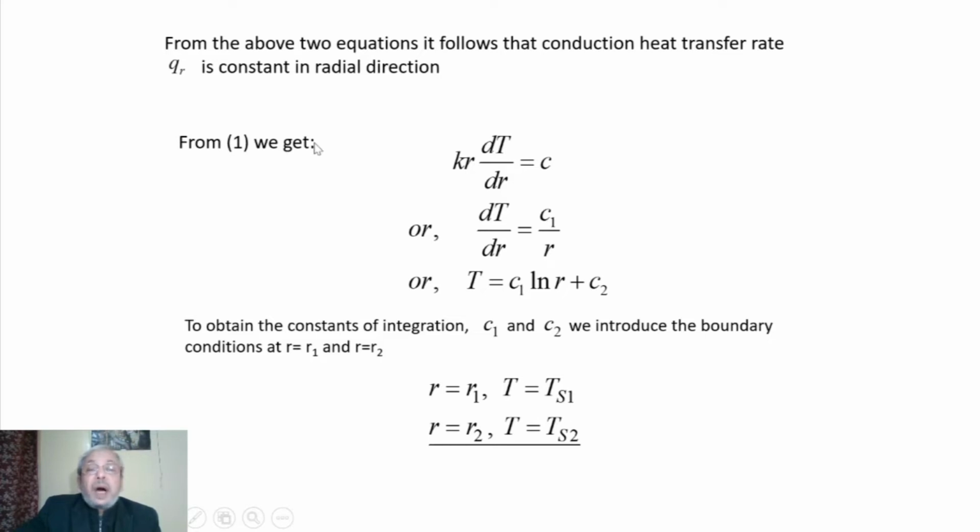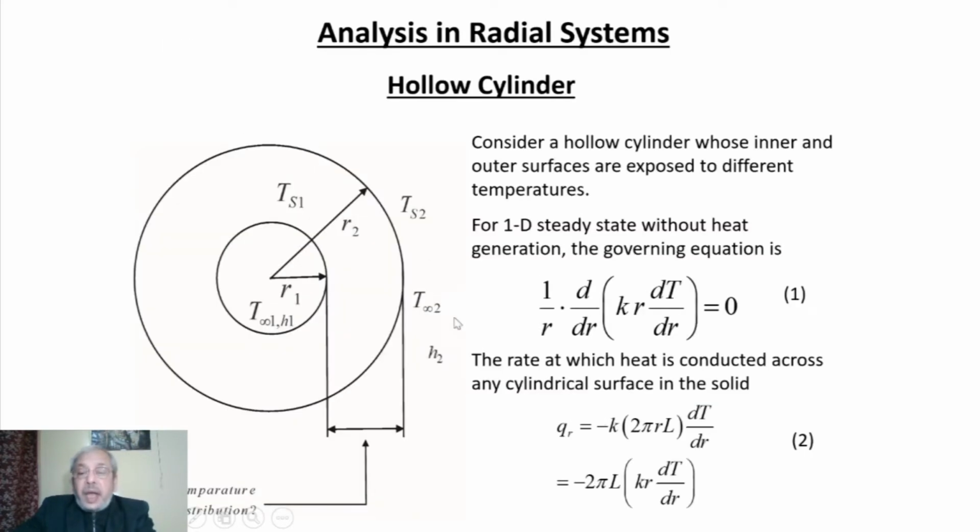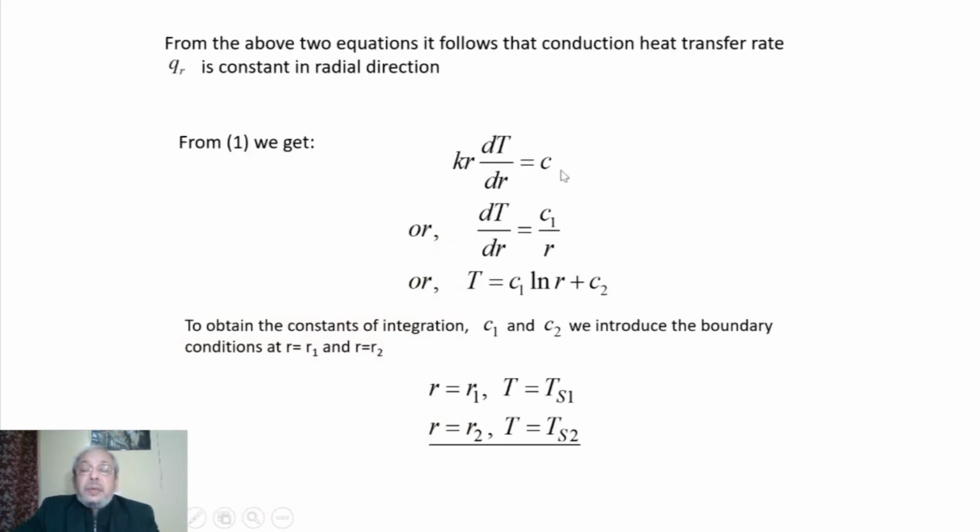Now from equation 1, again we can write k r dT/dr equal to C, constant. So dT/dr is C1 by r, and T will be C1 ln r plus C2. So this is the temperature distribution in terms of C1 and C2, arbitrary integration constants, and we have to find C1 and C2.